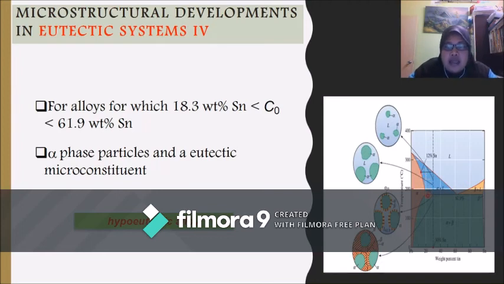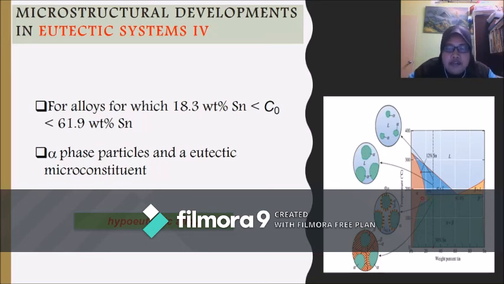At 184 degrees Celsius here, from the tie line, we can see the solid contains 19% Sn and the remaining liquid contains 61.9% Sn.